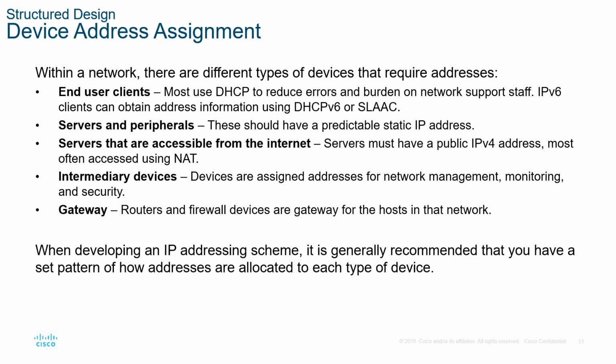If you're dealing with servers that are accessible on the internet, maybe we assign them a public IPv4 address, or maybe we assign them a private address statically and we map NAT to them. We have to make sure that we have intermediary management and security devices that allow our devices to communicate. All of these have to go into our network planning.